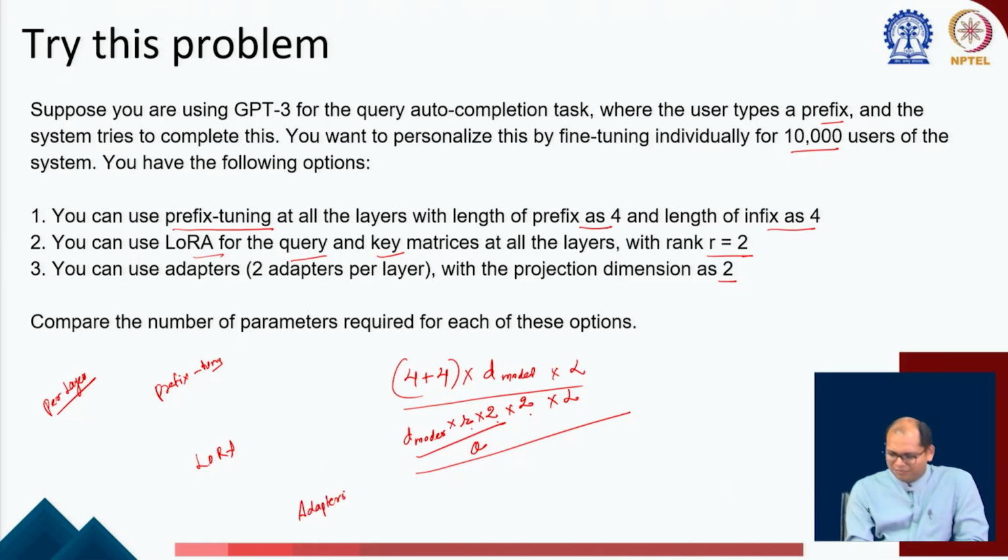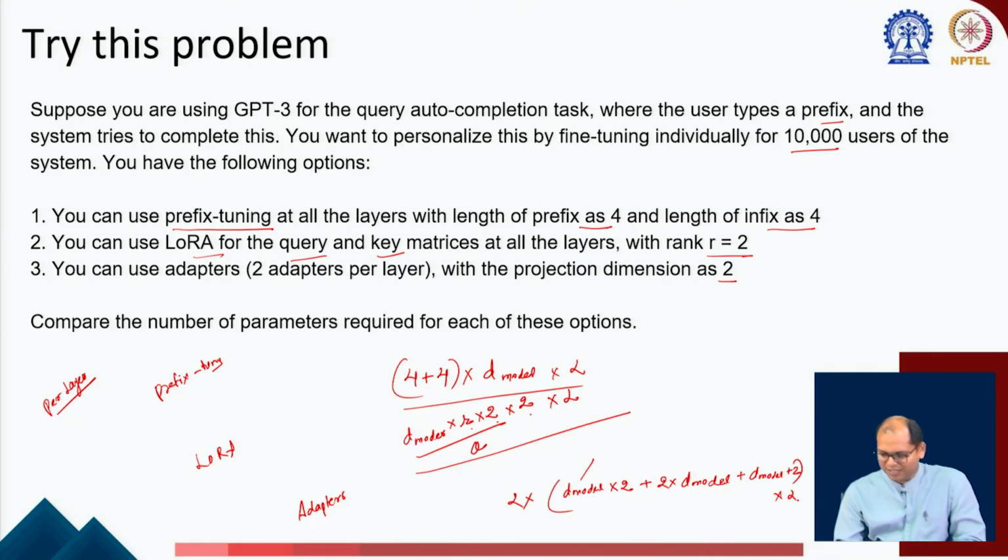So adapters, roughly, you have D model that will go to dimension 2, and then you will project 2 back to D model. So D model times 2 plus 2 times D model, but you will have the bias terms also, plus D model plus 2, and then you have 2 adapters times the number of layers.